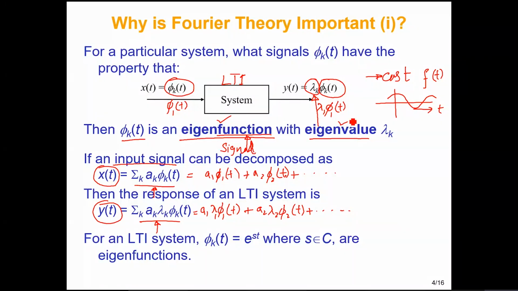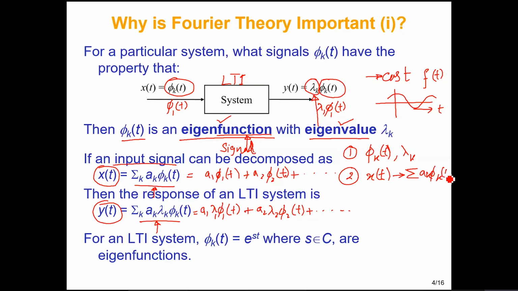Now there are a few assumptions here. Rather, I will say there are two assumptions here. First assumption is that we know the eigenfunctions, and we know the eigenvalues of those eigenfunctions also. And the second assumption is we can represent x of t, or we can break up x of t in terms of eigenfunctions, in terms of your scaled eigenfunctions.